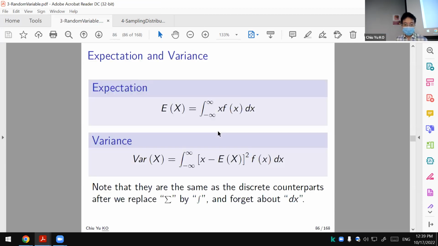Okay, and the same idea you can apply to the expectation and the variance. And here we have integration because of the way that the math tools require. As I said, we don't expect you to learn calculus, so this is just the formula so that you know what's going on.